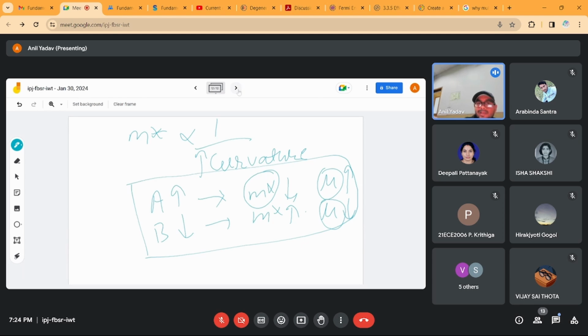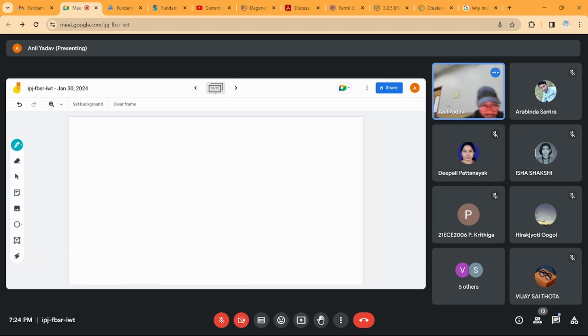When I talked about the FETs previously, we see the IV, current-voltage characteristics. In current-voltage characteristics, there are two types: one is transfer characteristics, and one is output characteristics.